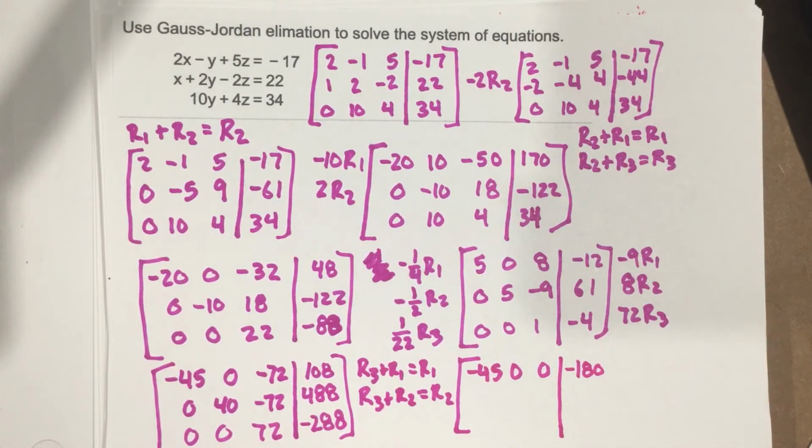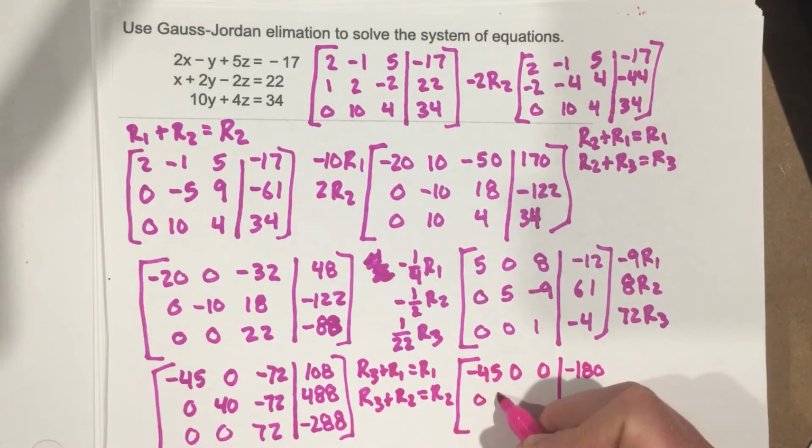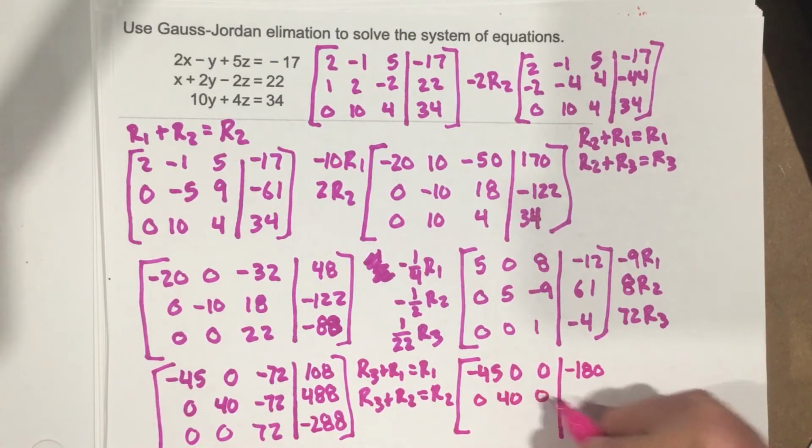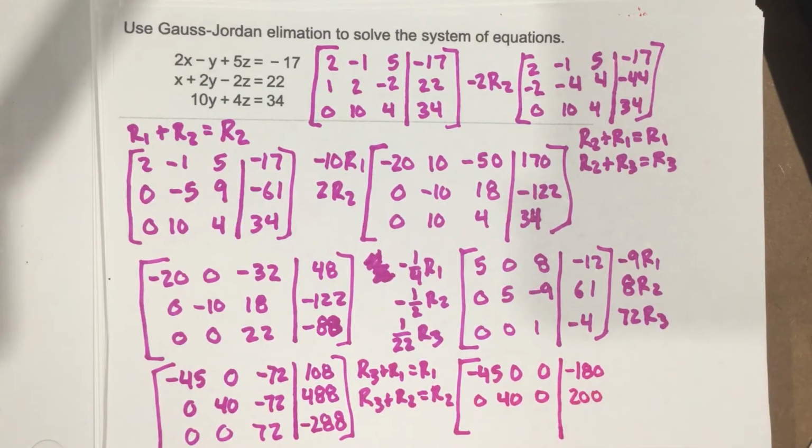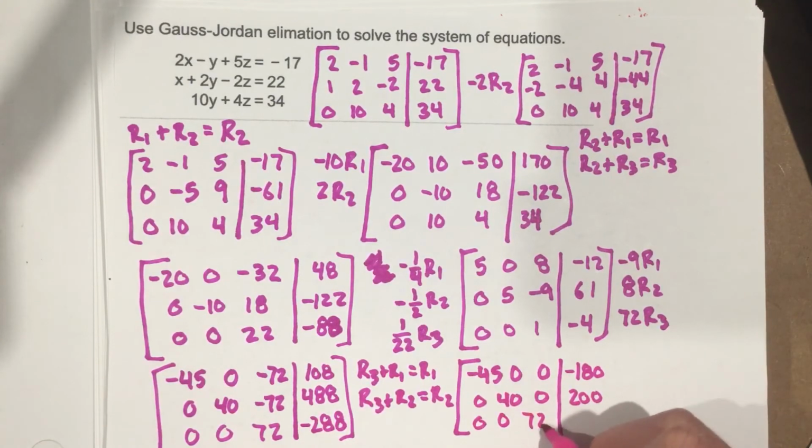Let's add the middle now, so we have 0, 40, 0, and that'll be 200 there. And the bottom, we still have 0, 0, 72, negative 288.